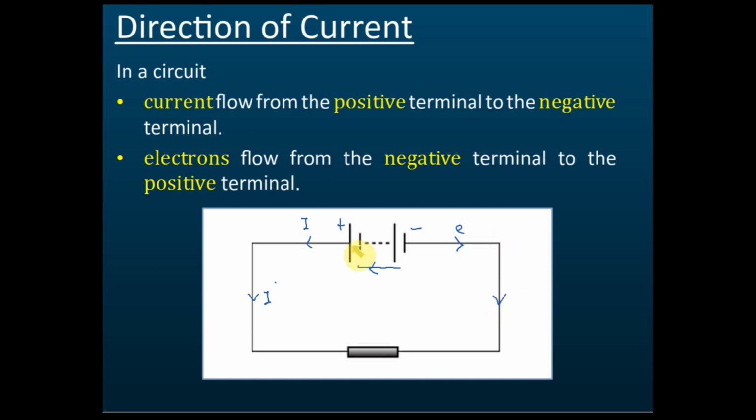So current goes from the positive terminal to the negative terminal, and electrons from the negative terminal to the positive terminal. So that's what you need to know about the directions of current in a circuit.